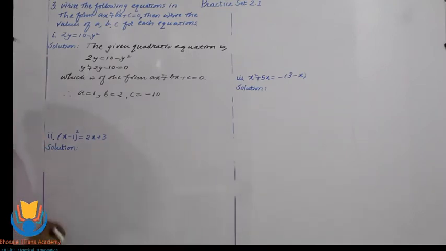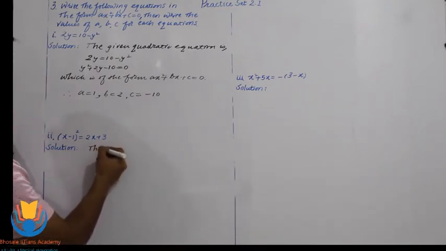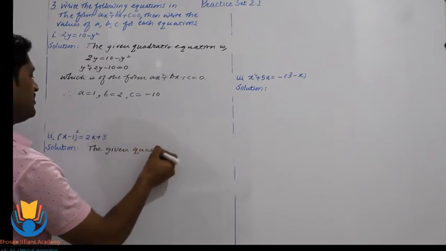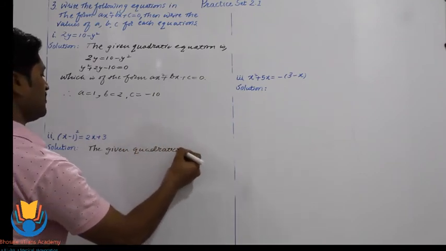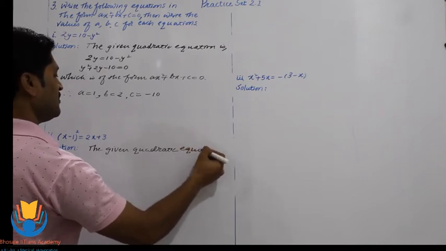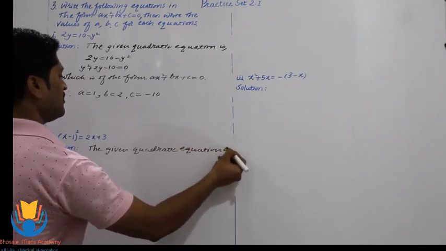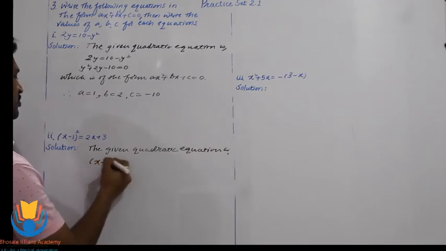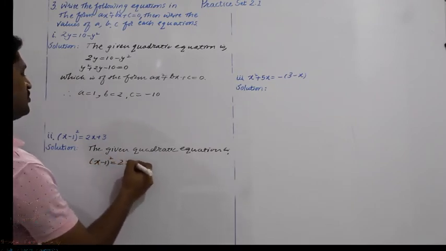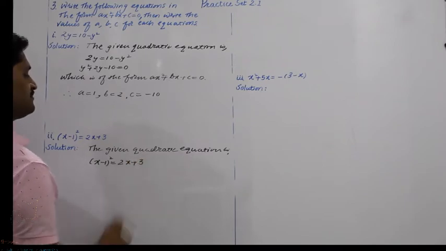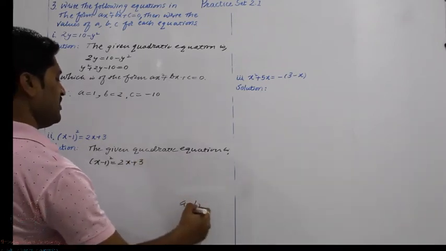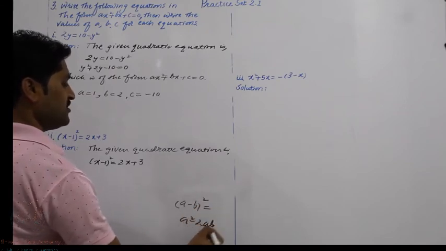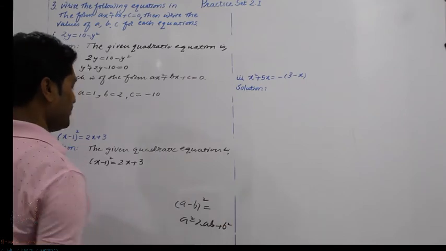Similarly, we will continue with this second one. Again we will write the same. The given quadratic equation is (x - 1) whole square is equal to 2x plus 3, and we will use the formula of (a - b) whole square, which is equal to a square minus 2 times first term into second term plus b square.